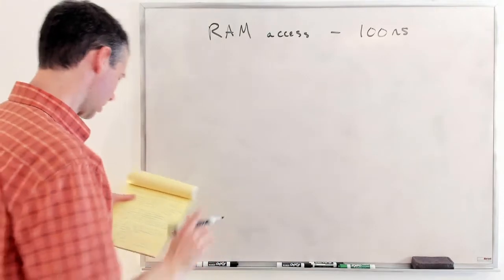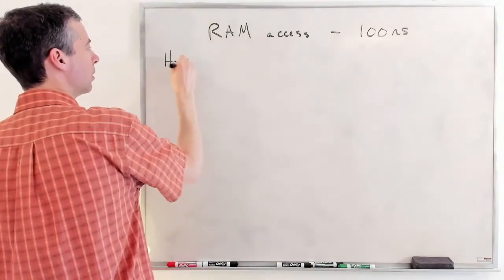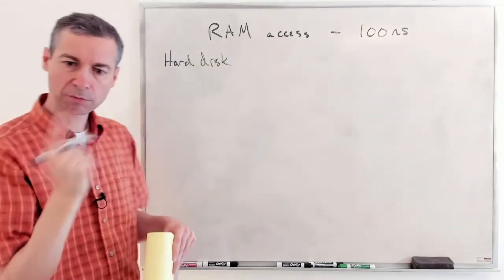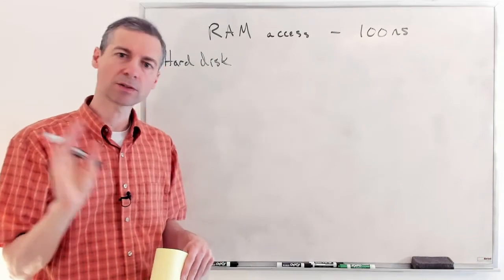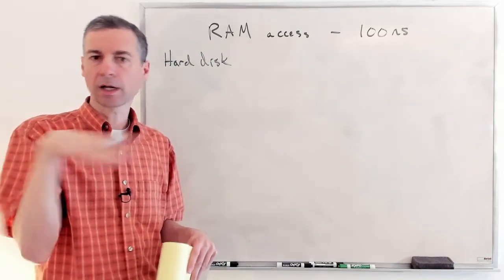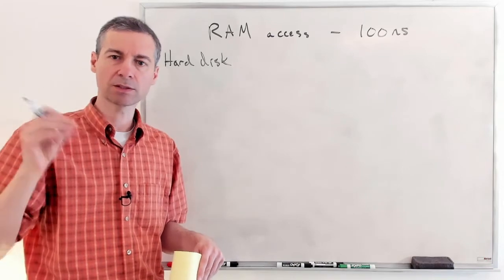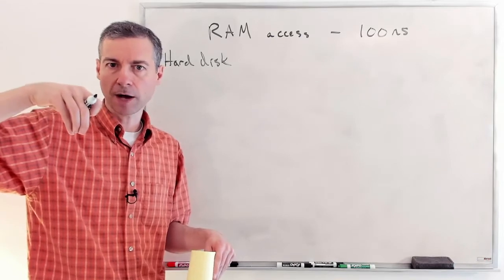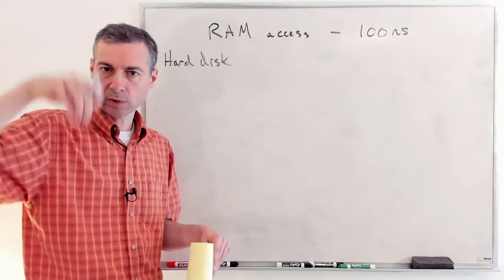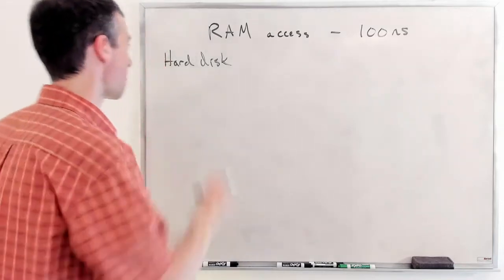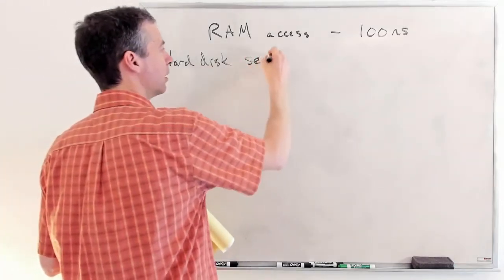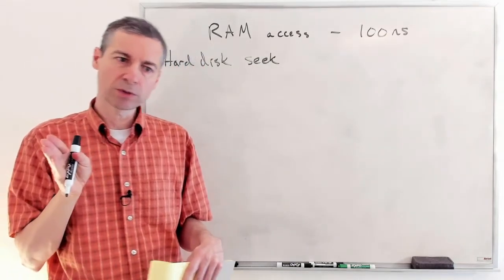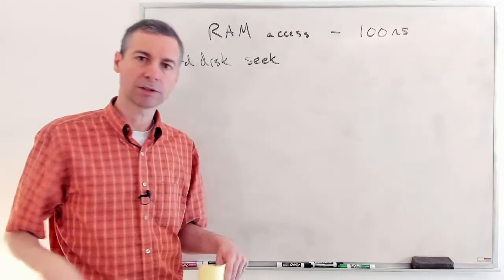All right. Now, if you want to do a hard disk access, again, we've got little spinning platters, literally mechanical devices with magnetic iron oxide type particles on them that have been magnetized to store zeros and ones, spinning around at high speed. And we have a reader head on top of that. As the disk spins underneath it, we can read zeros and ones. So a hard disk seek is when the disk is spinning around and we want you to go to there and read that part of the file.